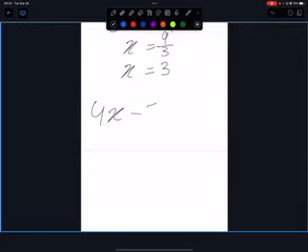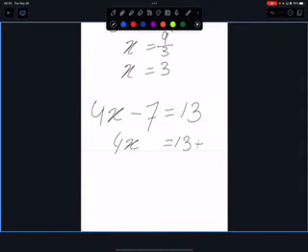4x minus 7 equals 13. Something, when I subtract 7 from it, equals 13. Correct.